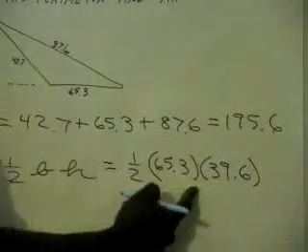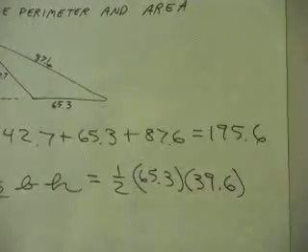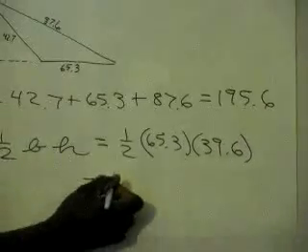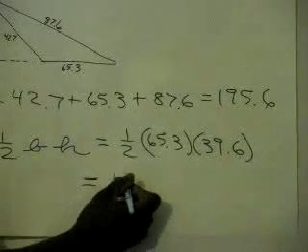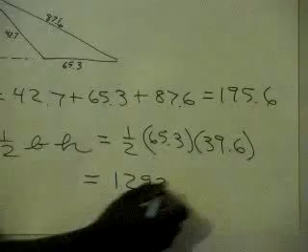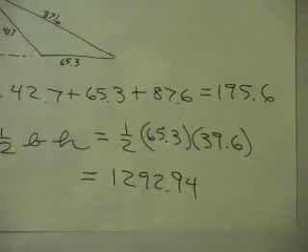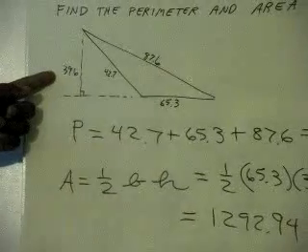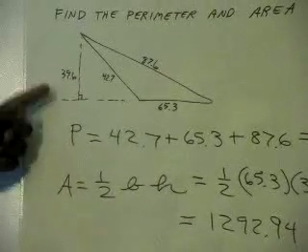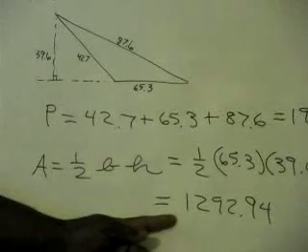Now we can multiply these two and then divide by 2. The result is 1,292.94. Now, here's a difference. Let's say that our unit of measure for the triangle is in inches. The area is square inches. It's always a square unit.